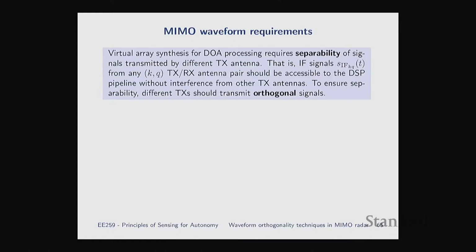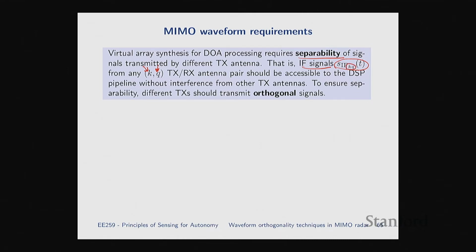In our DOA processing, we assumed that the signals transmitted by different transmitter antennas are completely separable. By separable, I mean the IF signals, which we called S_IF of K,Q, corresponding to transmitter number K and receiver number Q, are all individually accessible, without interference, to our DSP pipeline. We just called every KQ combination a virtual antenna, and then we worked with the virtual array.